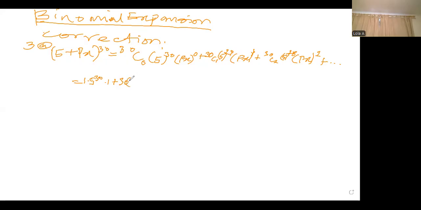Then 5 raised to power 29. And of course, you don't need to press calculator for that. Leave it that way. Times px, plus 30 combination 2. 30 combination 2 will give 435.